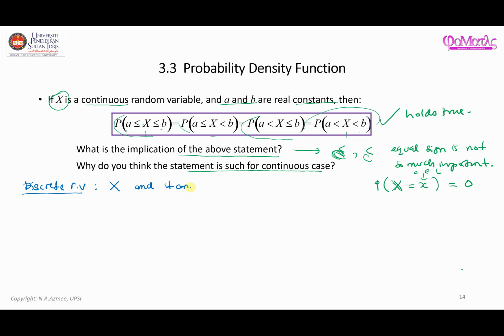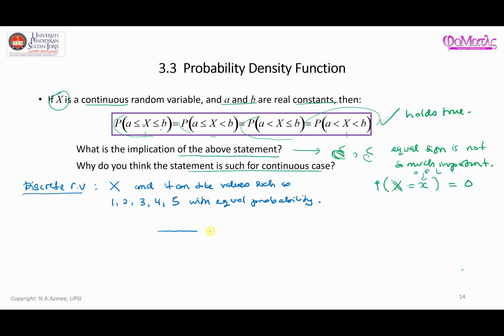values such as, let's say 1, 2, 3, 4, 5 with equal probability. Right, now try and imagine you have some sort of this scenario.